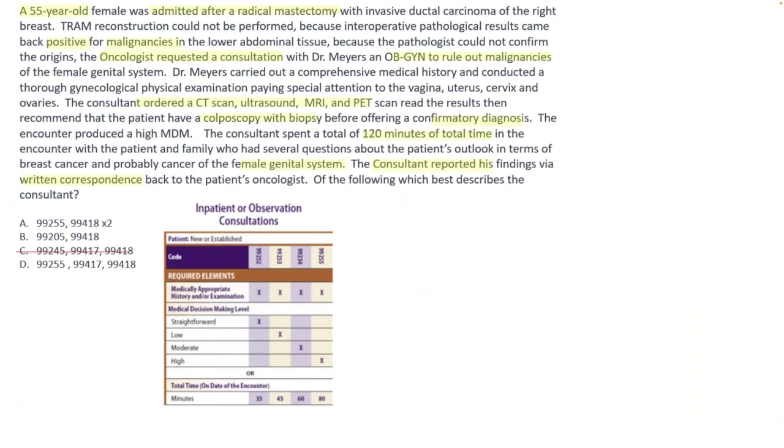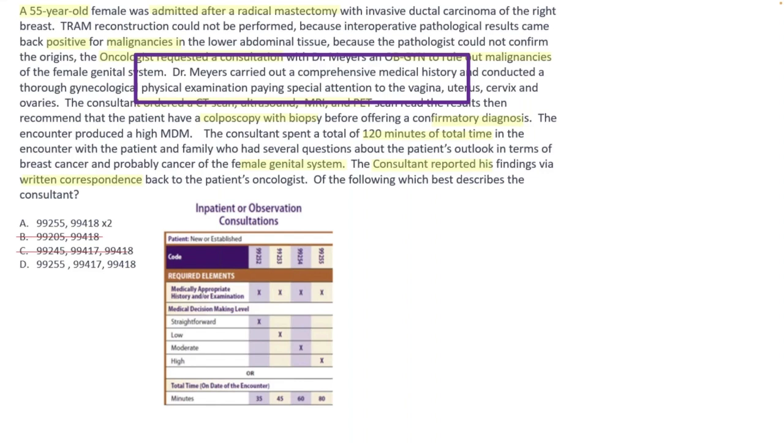So we have time. We have 120 minutes of total time. I'm going to the CPT manual and I'm going to pull out the inpatient or observation consultations chart. And for 120 minutes of total time, you must have a medically appropriate history and or exam, and that did take place.